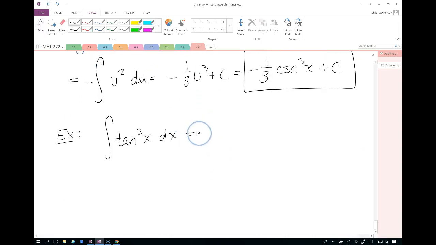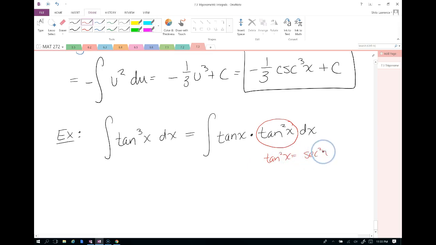Now remember, we do this with Pythagorean identities, and Pythagorean identities always change over squares. So I'm going to split that tan cubed up into a tan and a tan squared. That is equivalent to a tan cubed. And then I'm going to replace tan squared with what it's equivalent to in its Pythagorean identity, which happens to be secant squared minus 1.